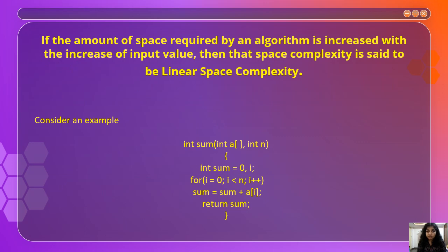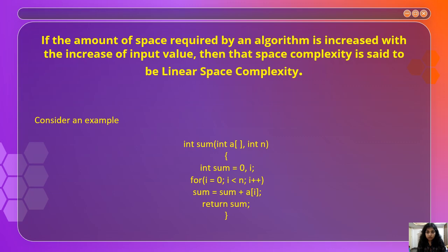If the amount of space required by an algorithm increases with the increase in the input value, this type of space complexity is known as linear space complexity. Let us understand this with an example. Here the function sum is passed with the parameters array of numbers and the number of items in the array.